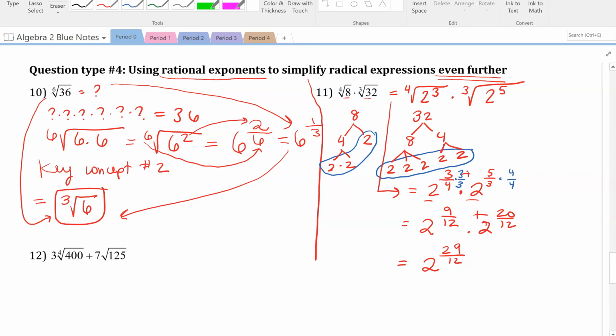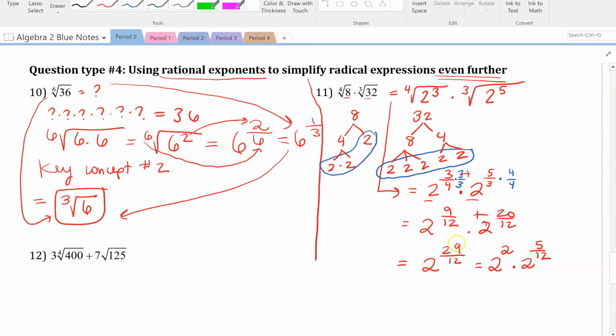And then actually I can simplify that into some whole numbers and then rational numbers. Because 12 goes into 29 twice, that's like 2 squared. 24 divided by 12 would be 2, which leaves me with 5 over 12 left over.